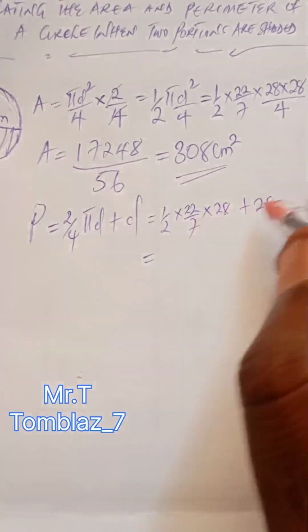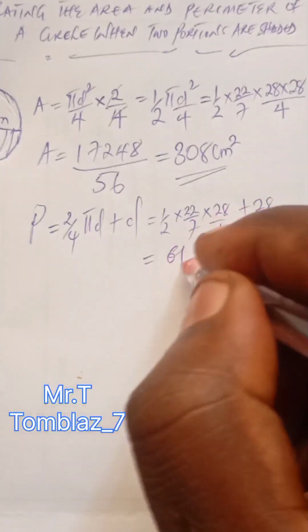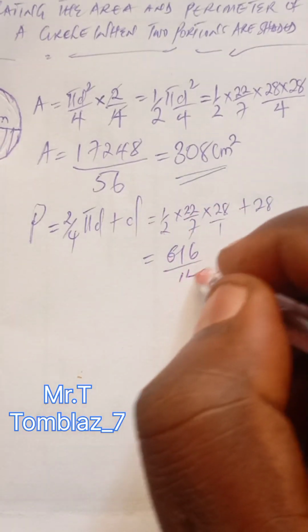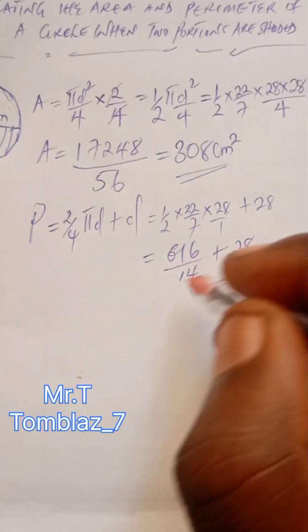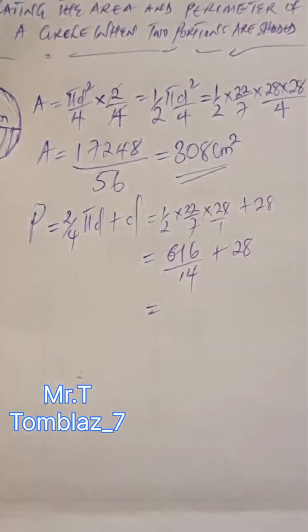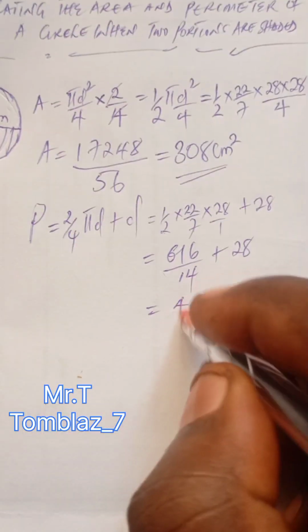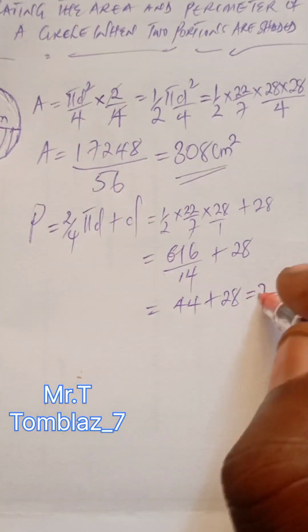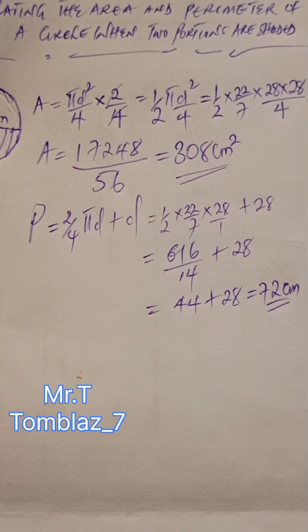Multiplying the numerators, 22 times 28 gives 616, divided by 2 times 7, which is 14, plus 28. 616 divided by 14 gives 44, plus 28. So 44 plus 28 gives 72 centimeters. That will be our perimeter.